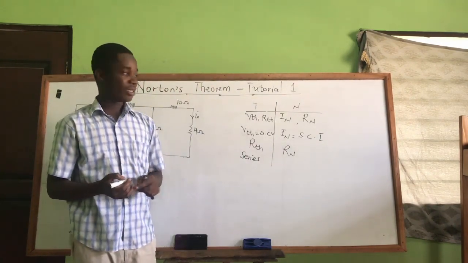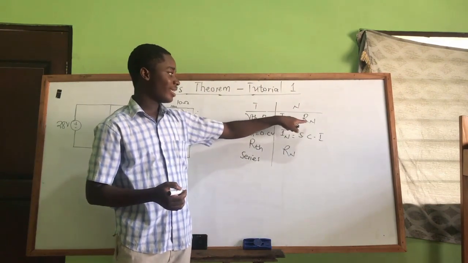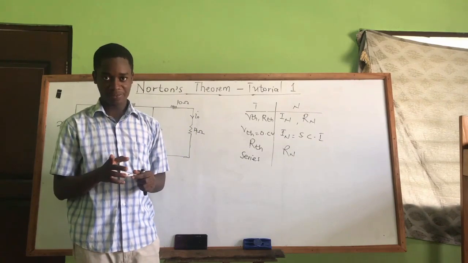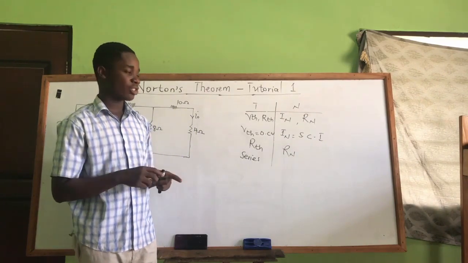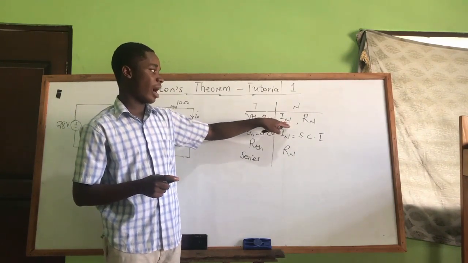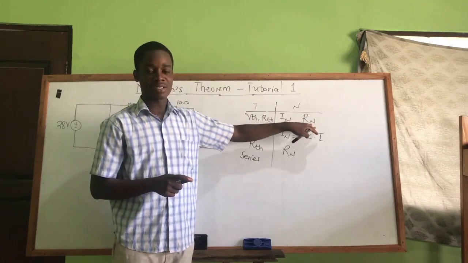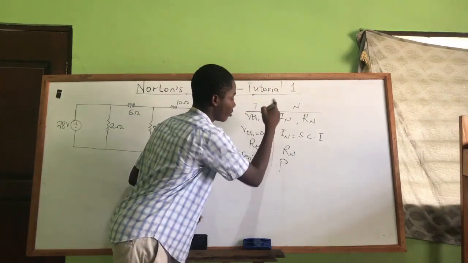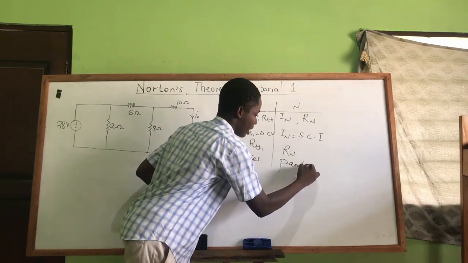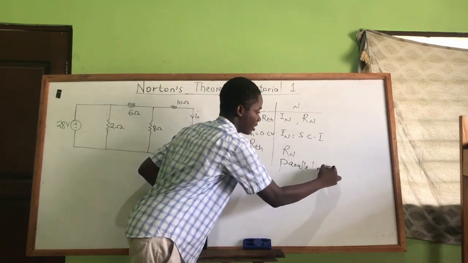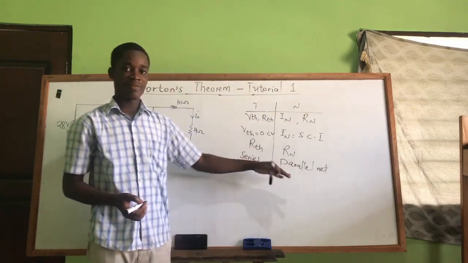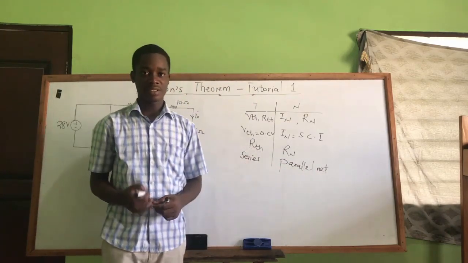But for Norton, when we calculate IN and RN, we are going to draw a parallel network. In that parallel network, our source is going to be our IN, and the resistor is going to be the RN. So Norton's equivalent is a parallel network, but Thevenin's equivalent is a series network.